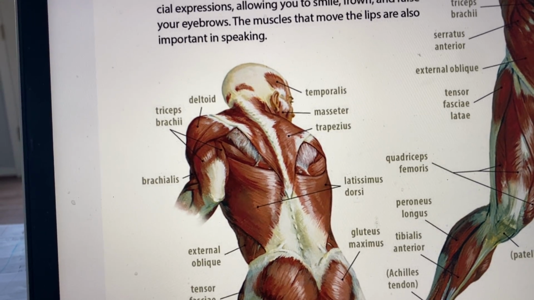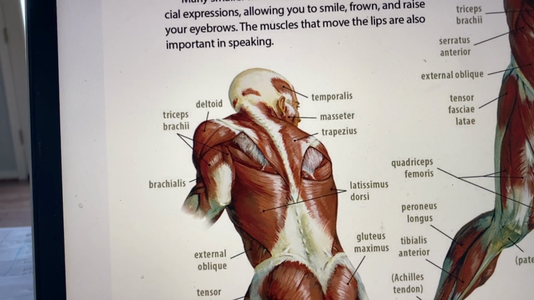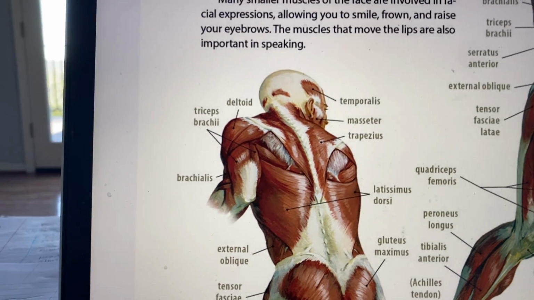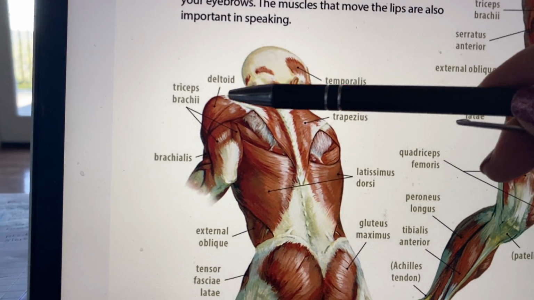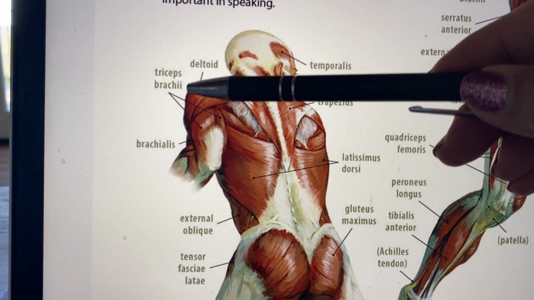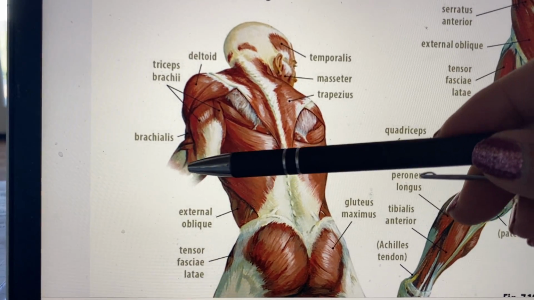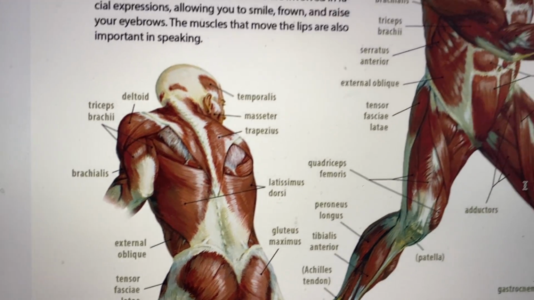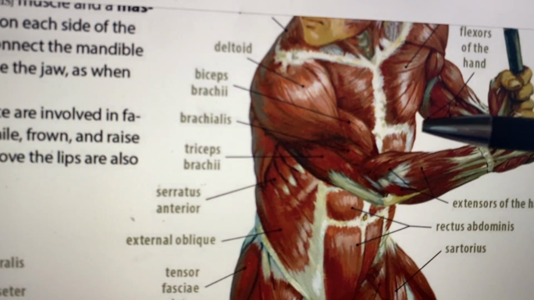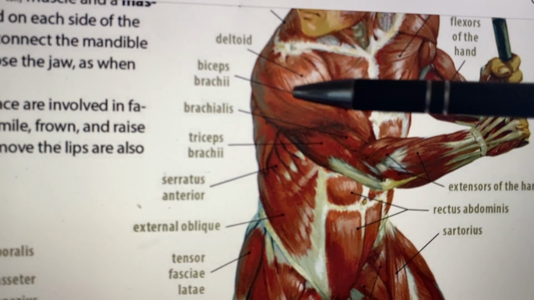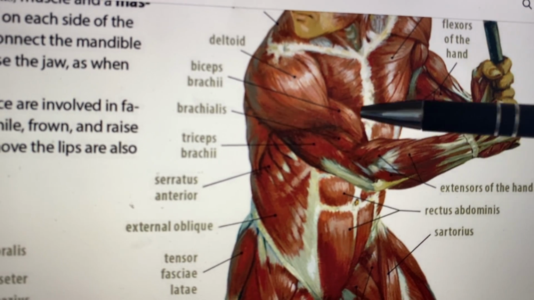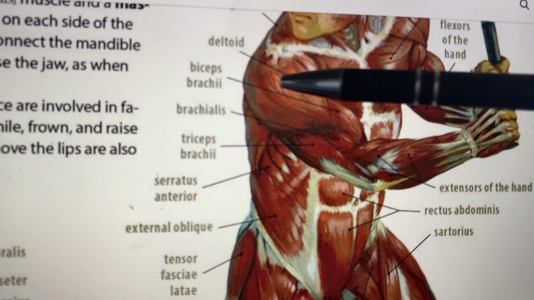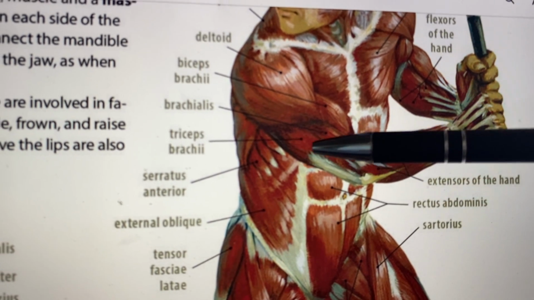And so let's look at your lower arms, the arms. We'll start with the deltoid, but then we have the triceps brachii, and then we have the brachialis, you'll see down here. And here's a better picture of your arm. So you have the biceps, when you hold your muscle up, that's your bicep. Brachialis down here, and then your triceps.